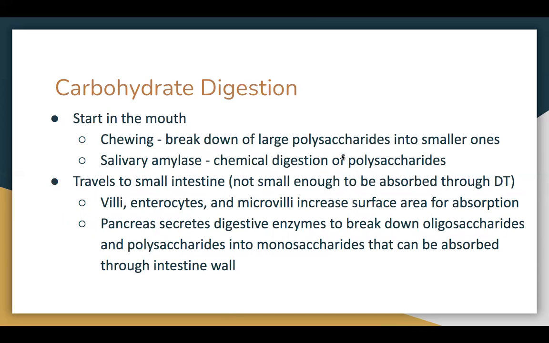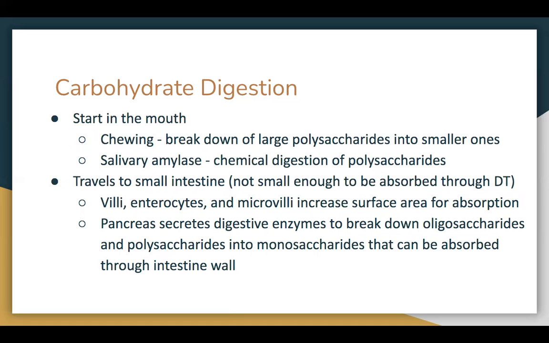So, carbohydrate digestion starts in the mouth with chewing, which breaks down large polysaccharides, and salivary amylase, which is an enzyme secreted by the salivary glands, starts the chemical digestion of polysaccharides. Then they travel to the small intestine because they're not broken down small enough yet to be absorbed through the digestive tract.